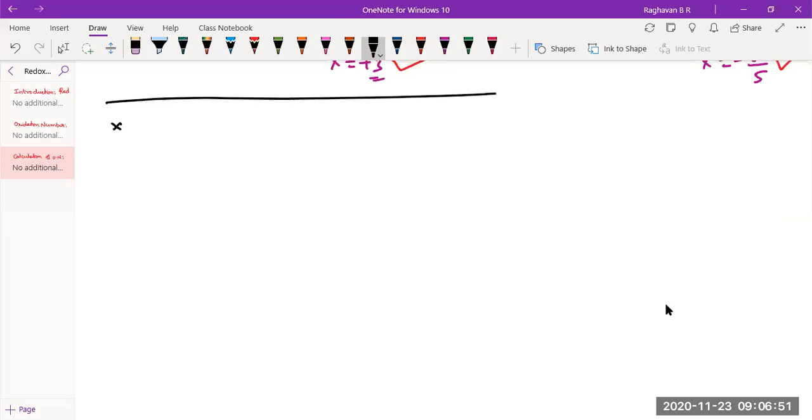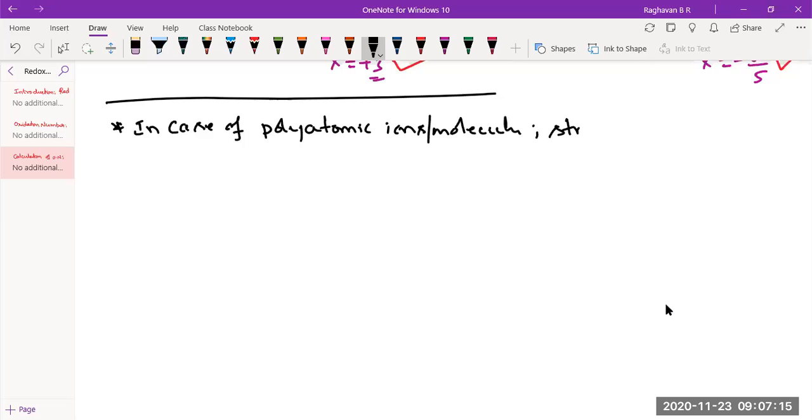What is that important thing to note? In case of polyatomic ions or molecules, structure must also be considered to calculate oxidation number.